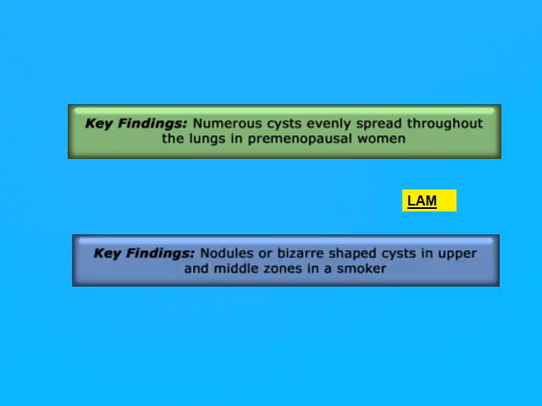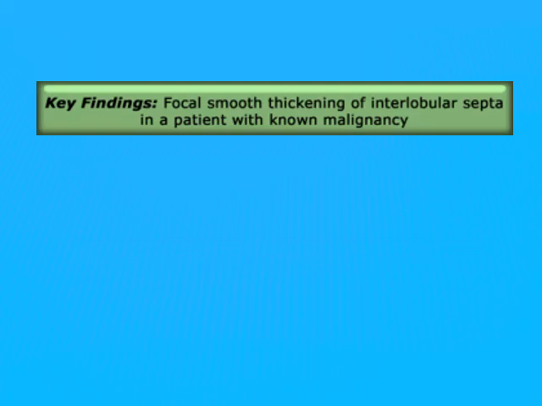Nodules and bizarre shaped cysts in the upper and middle lung zones sparing the lower lobe in a smoker: histiocytosis X. Focal smooth thickening or beaded thickening of the interlobular septa with or without lymphadenopathy in a patient with a known malignancy in the chest or outside the chest: lymphangitis carcinomatosa.